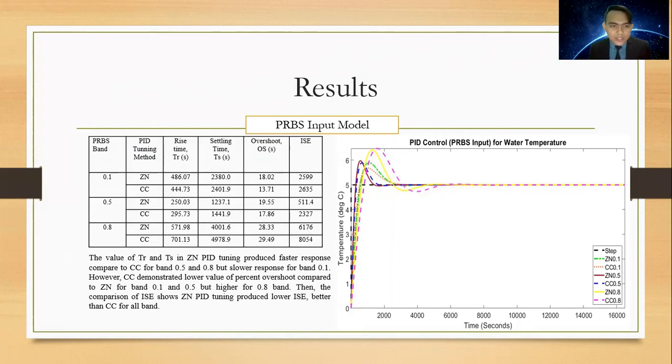However, Cohen-Coon demonstrated a lower percent overshoot compared to Ziegler-Nichols for bands 0.1 and 0.5, but higher for 0.8. Then the comparison of ISE shows the Ziegler-Nichols PID tuning produces a lower ISE, better than Cohen-Coon for all bands.